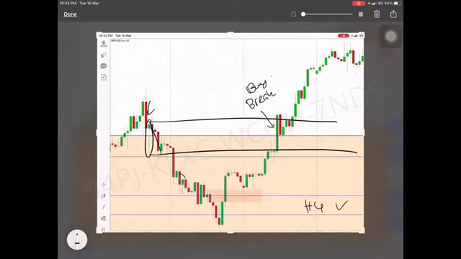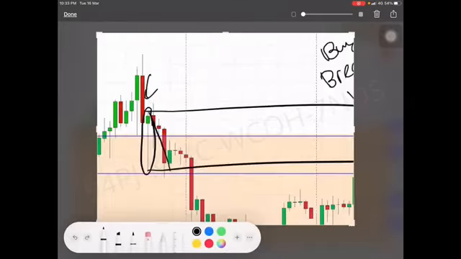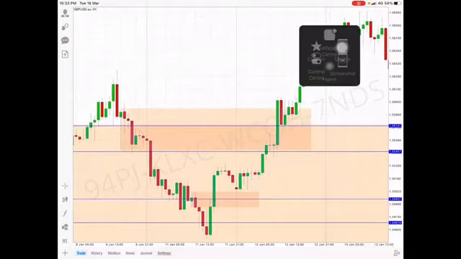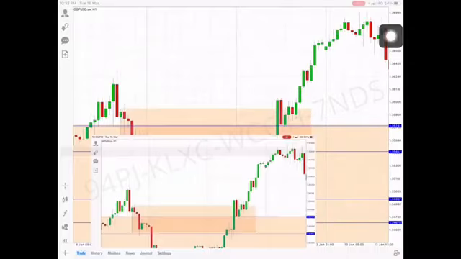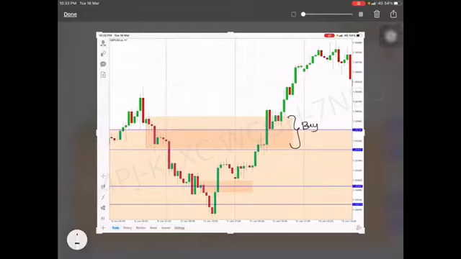But then the price broke upwards, right? So when the price comes back to that zone, you can entry buy in this zone. Okay, is that clear to you?